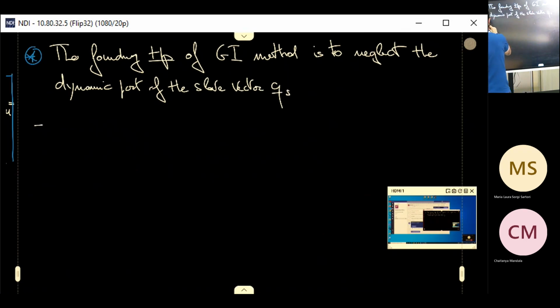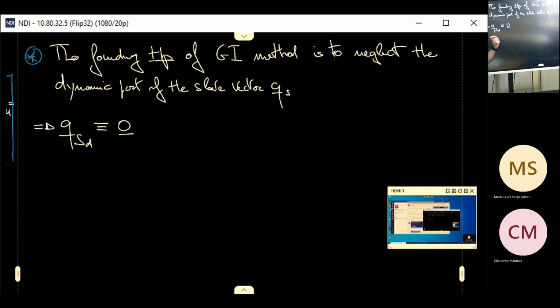That's to say, the QSD is identically equal to 0. Okay. But then, what is the meaning of this? When is it actually acceptable, again, to do this approximation?